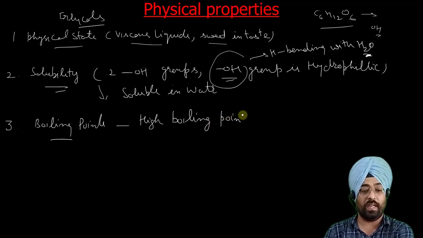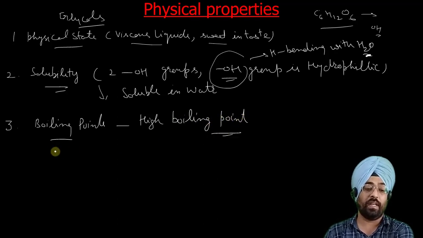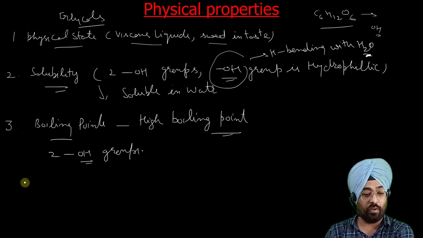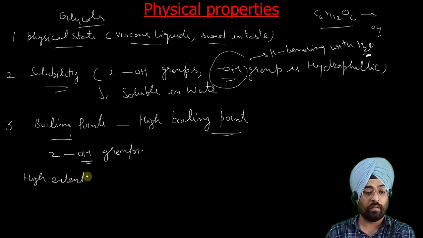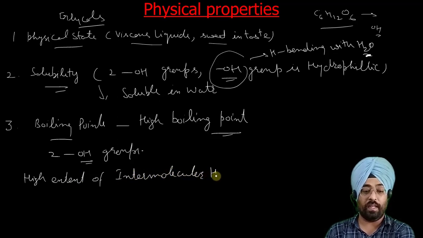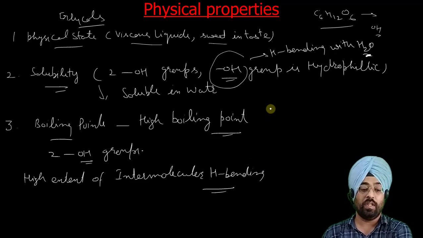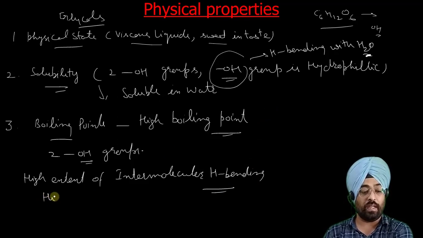The reason for their high boiling point is they have two OH groups, and as OH groups are involved in hydrogen bonding, they have a high extent of intermolecular hydrogen bonding. Intermolecular hydrogen bonding means hydrogen bonding between two molecules, that leads to high boiling point.